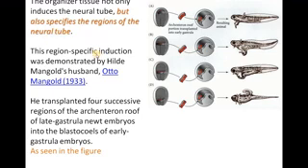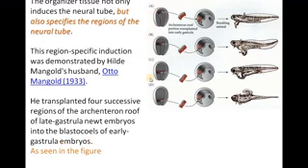This region-specific induction was demonstrated by Otto Mangold, the husband of Hilde Mangold, in 1933. He transplanted four successive regions of the archenteron roof of a late gastrula amphibian embryo, that is a newt embryo, into the blastocoel of an early gastrula embryo.